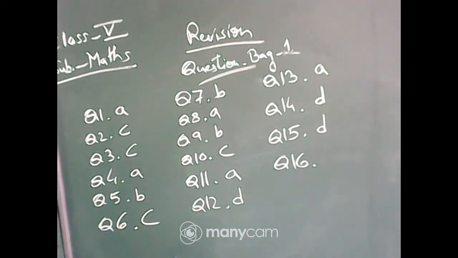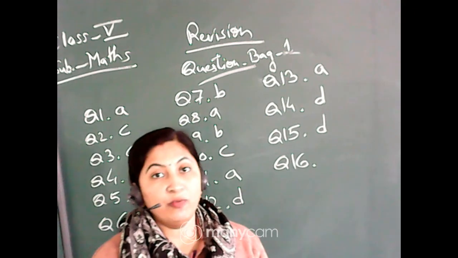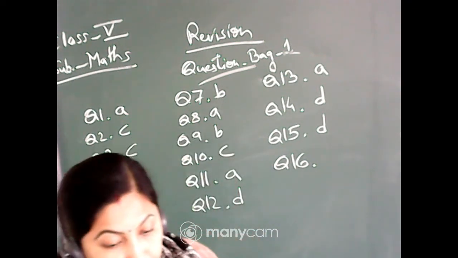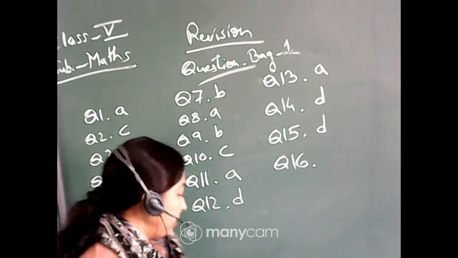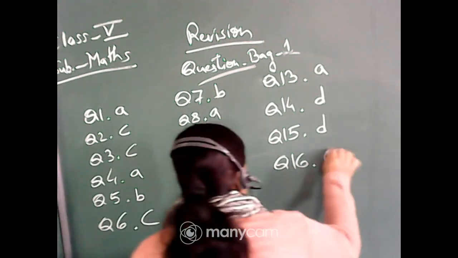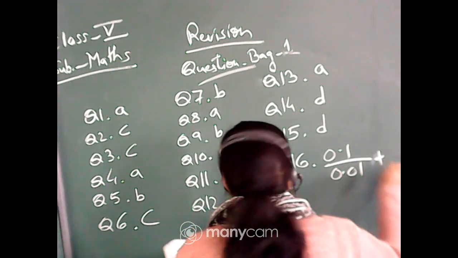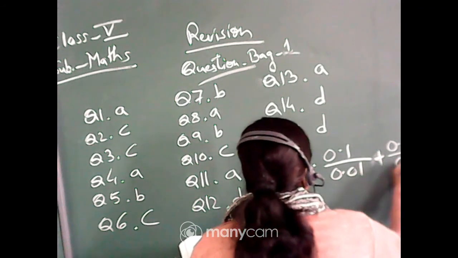Now come to 16. 0.1 by 0.01 plus 0.01 by 0.1 is equal to, see, you will solve it by removing all the decimals, and then you will get the answer. Now see number 16. It is given 0.1 divided by 0.01 plus 0.01 divided by 0.1.